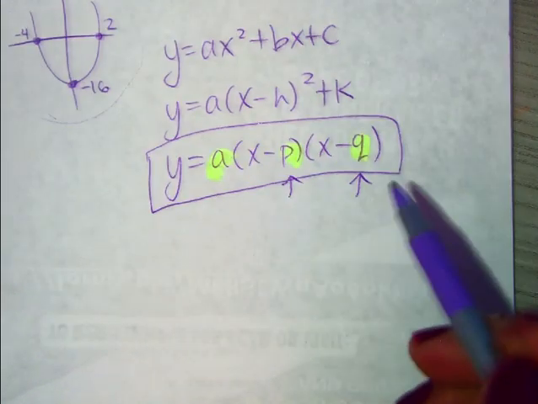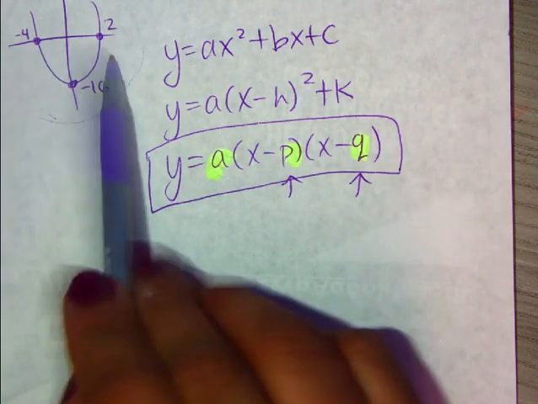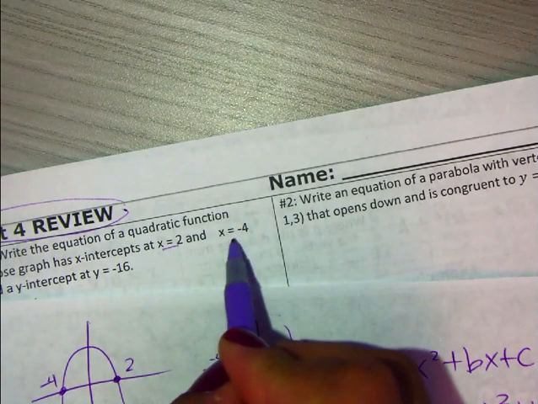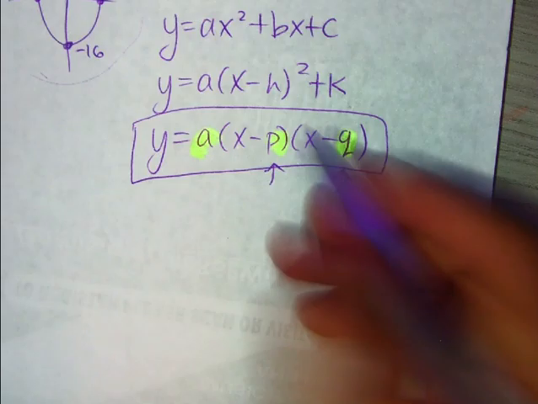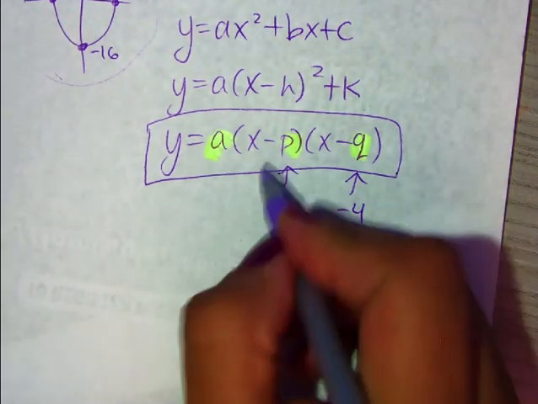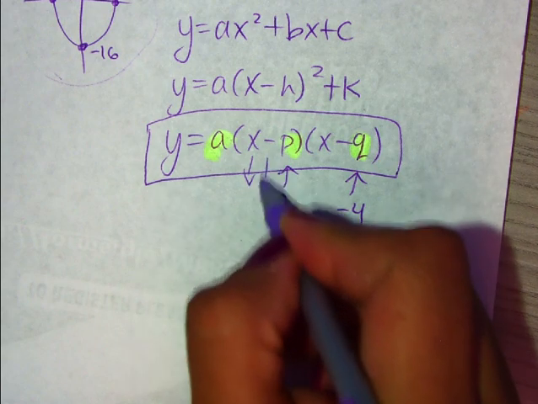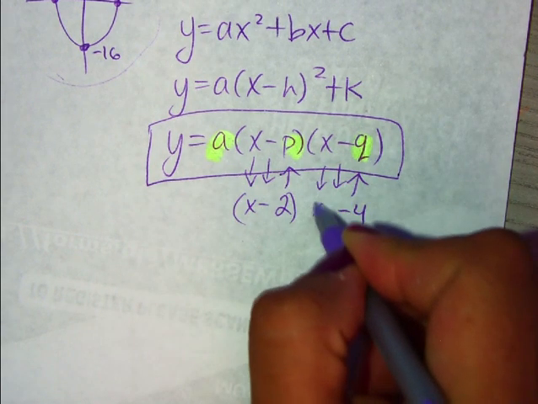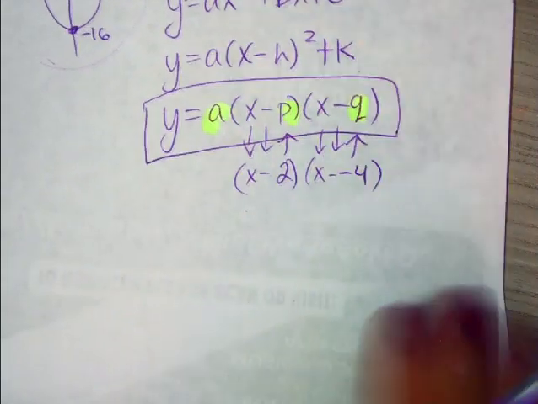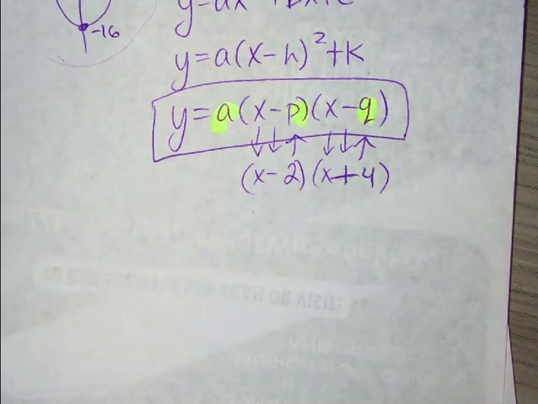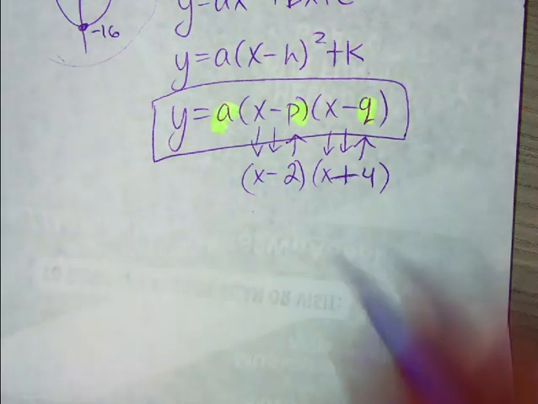So you go back to the information you were given, or you look at this graph, and you understand that you have x equals 2 and x equals -4 as your P and Q. When we put those values in, we're still going to have the x and the minus. But when we have a double negative, we have talked about how that becomes positive. So that is what we have so far.